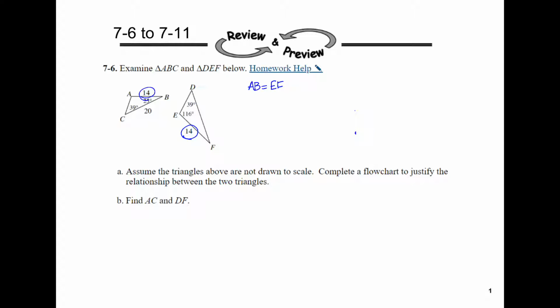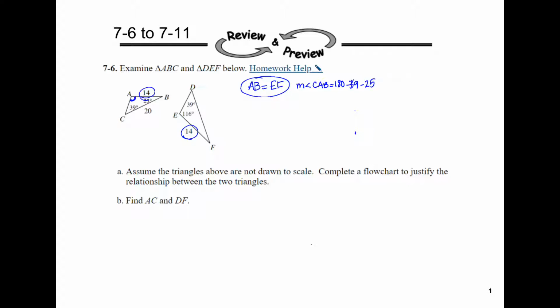Looking at our triangles, we know that a triangle adds up to 180 degrees. So if I am looking for angle CAB, we can state that the measure of angle CAB is equal to 180 minus 39, minus 25.